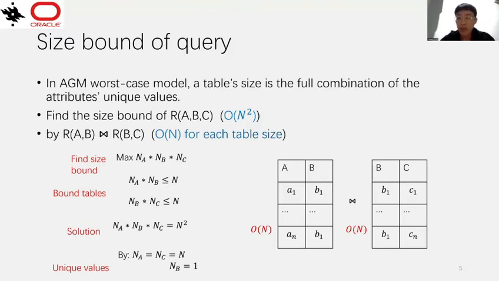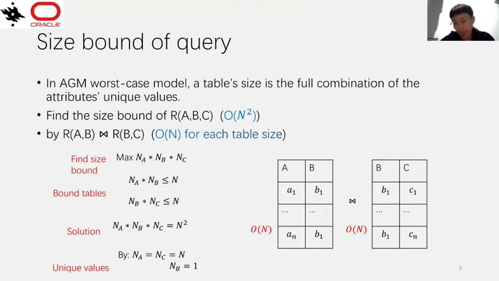But we have some bounded tables, as we assume each table has only n rows. So the Cartesian products of the AB and AC tables are both constrained to O(n). By these linear programming constraints, we can achieve the maximum solution, which is n squared, by giving A and C n and B 1.